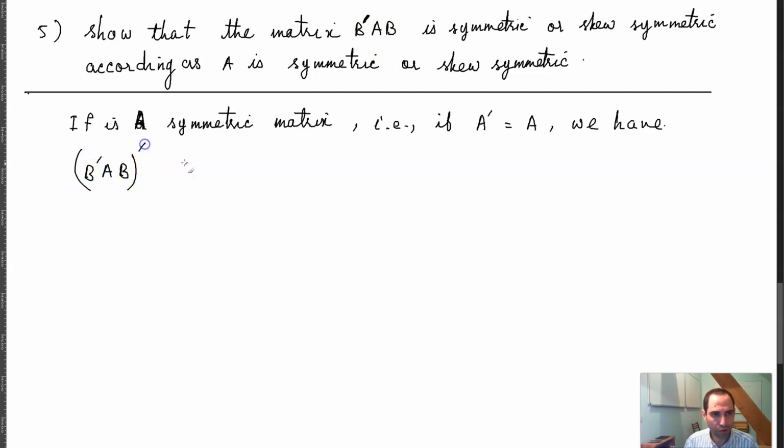If I take the transpose of this matrix, I want to show something.